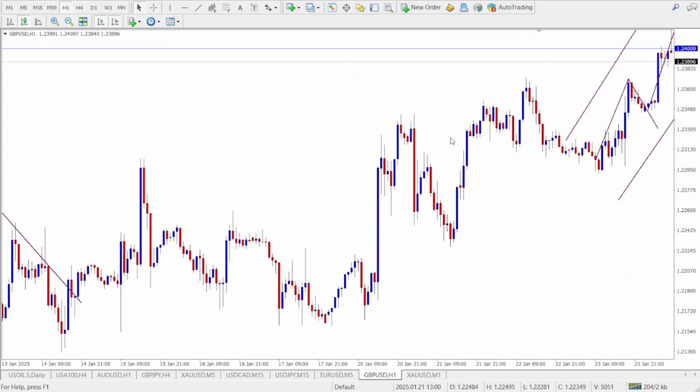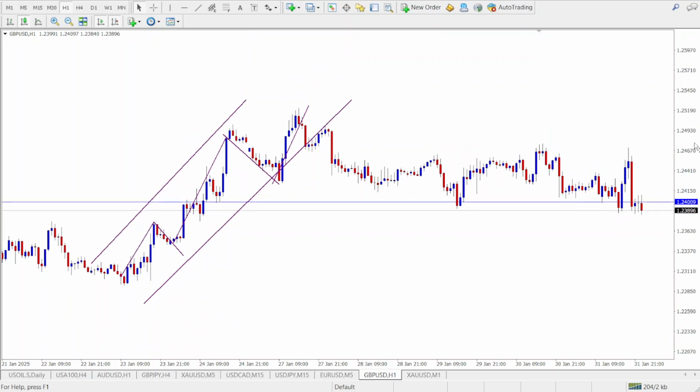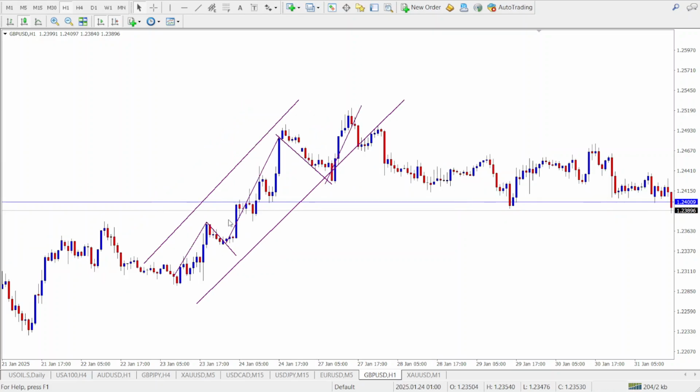You mark the impulse waves, which are the waves in the direction of the trend and indicate strong movement in one direction, and then you mark the corrective waves, which suggest temporary pullbacks. This process helps you visualize where the market is likely to head next.